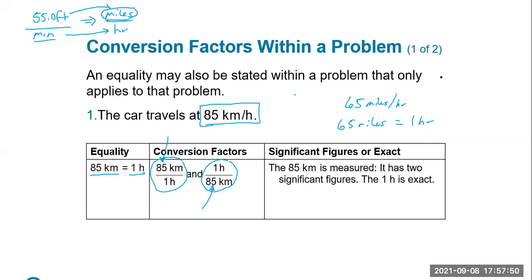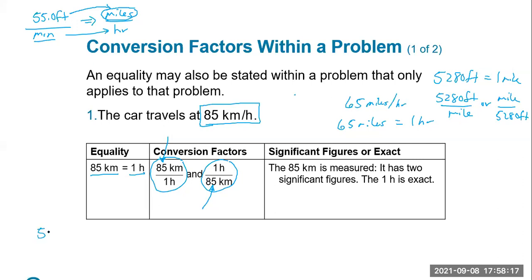For example, there's 5,280 feet in 1 mile. From that equality, we could write two conversion factors, 5,280 feet over a mile, or a mile over 5,280 feet.